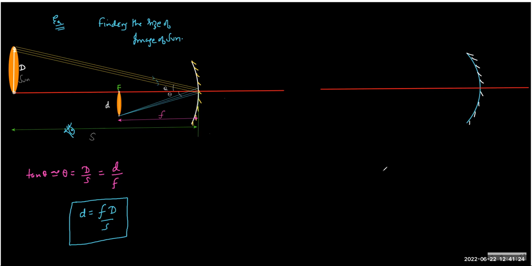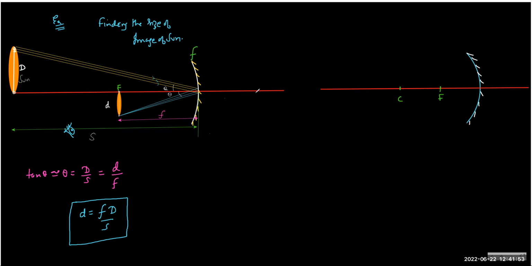So let's say we have a mirror. After infinity, infinity means the distance is quite far, much bigger than the focal length.